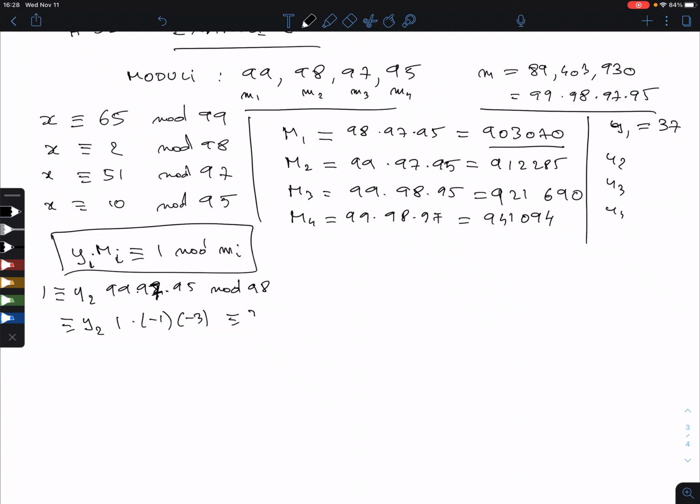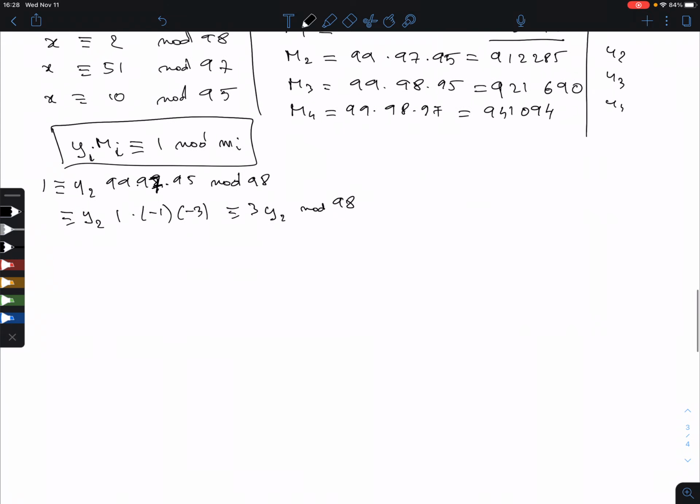Because, look, this is now 3 times y2 mod 98. So I have to find the inverse of 3 mod 98. That's no big deal. 98. So how many times does 3 go in there? I think 32 times. Because that is 96 plus 2, right? Oh, look at this.